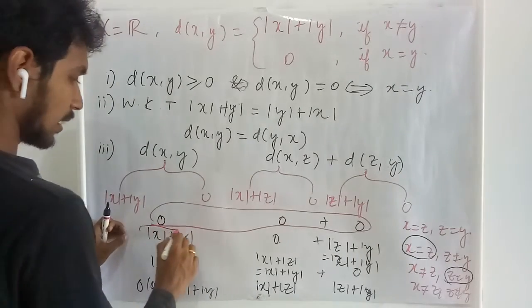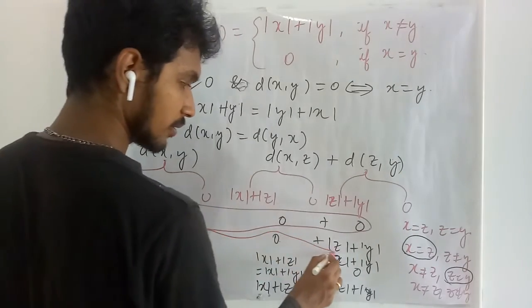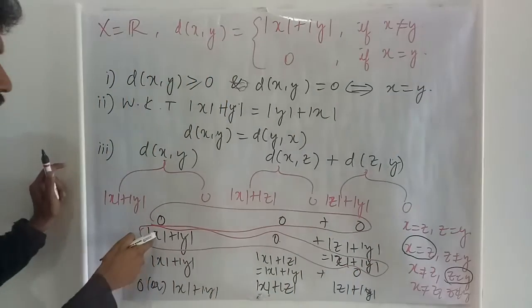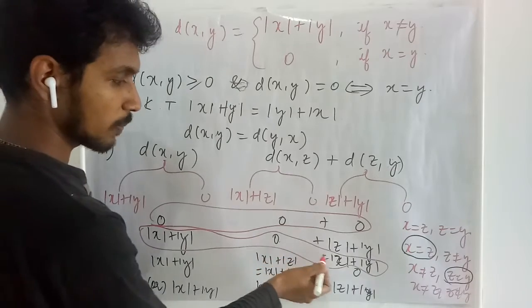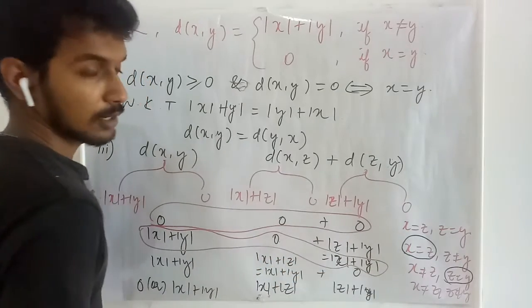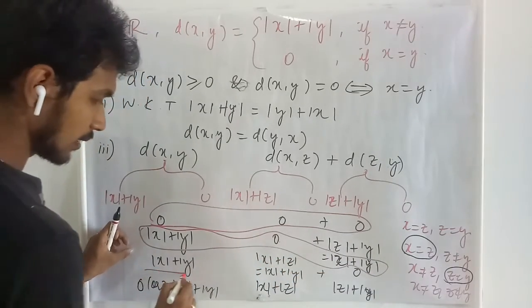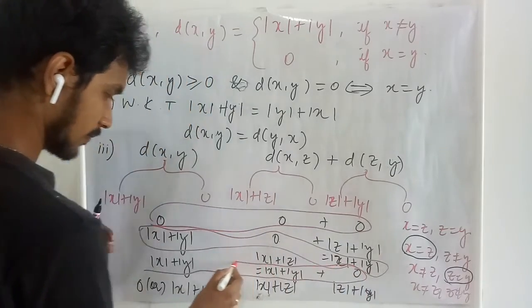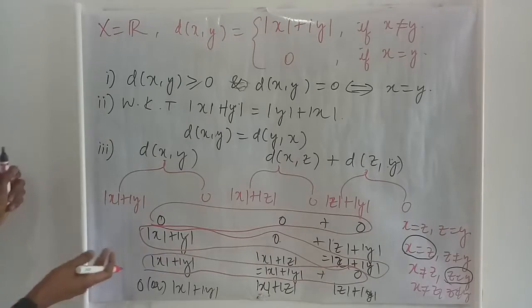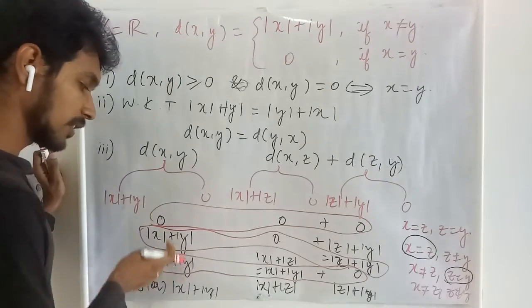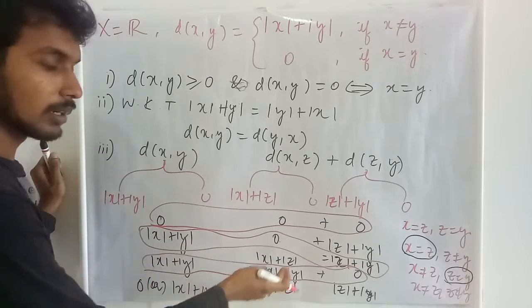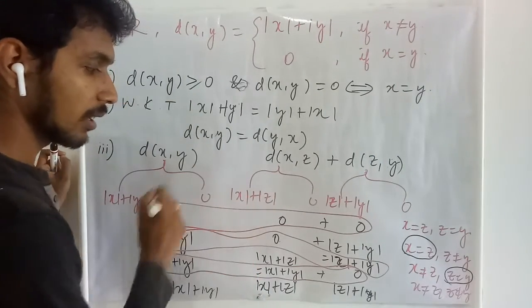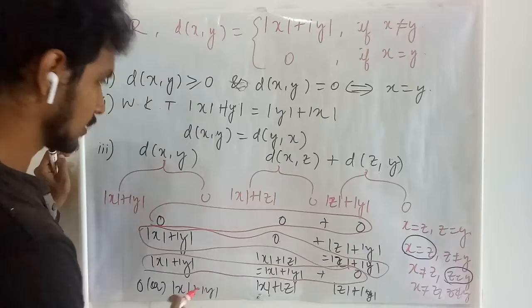In the second, we have this. Absolute of x plus absolute of y is 0 plus absolute of x plus absolute of y. In the third, we have this. The same. Absolute of x plus absolute of y is equated to that itself. Now, in these 3 cases, we have an equality. Come to the fourth case.